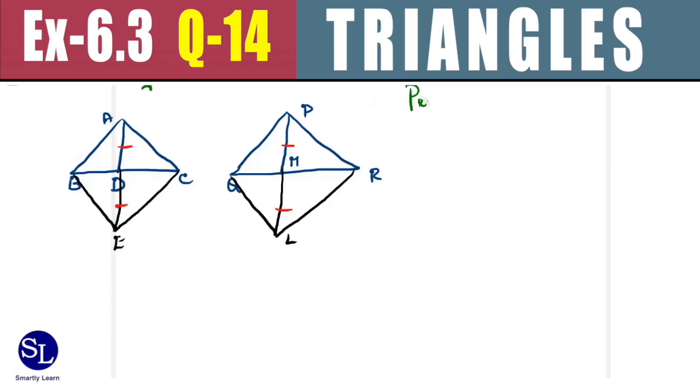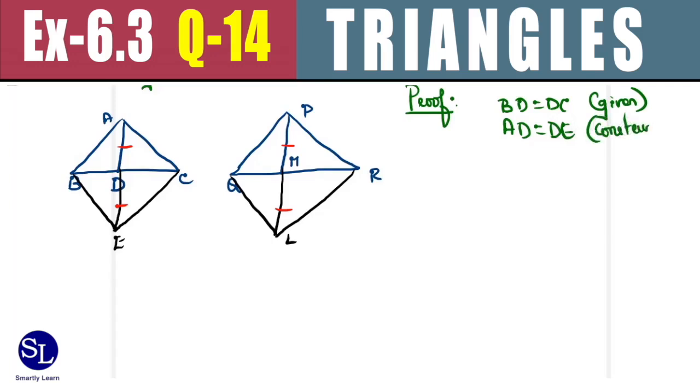Now let's start with what we are going to prove. BD is equal to DC. This was given to us because of the median property. Similarly, AD is equal to DE is what we have done using construction.